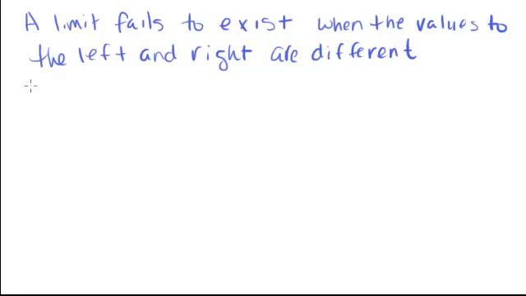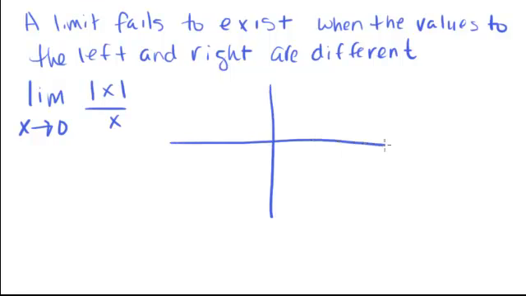If we look at something like the limit as x approaches 0 of the absolute value of x over x, if we were to look at this graphically, over here I have some values to the left. So if I were to plug in, say, -1, -1 gives me 1 over -1.